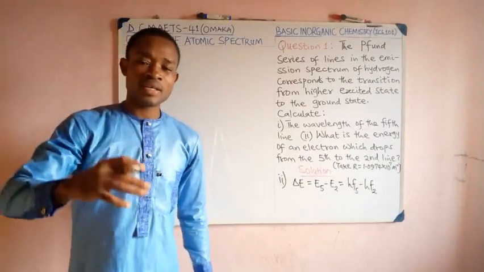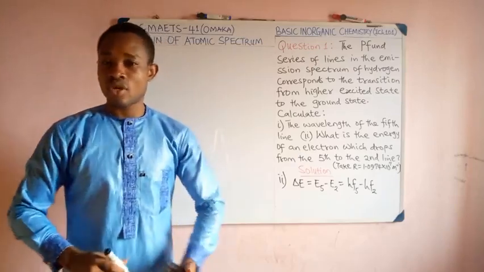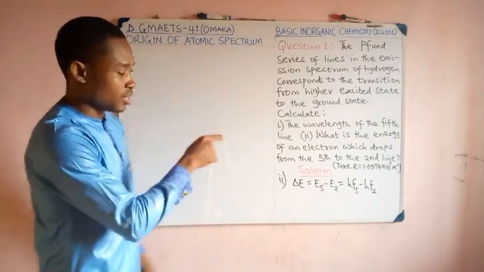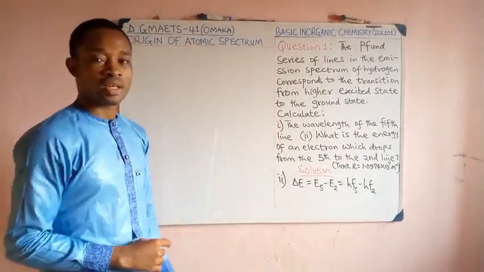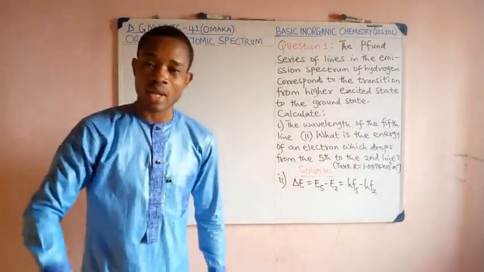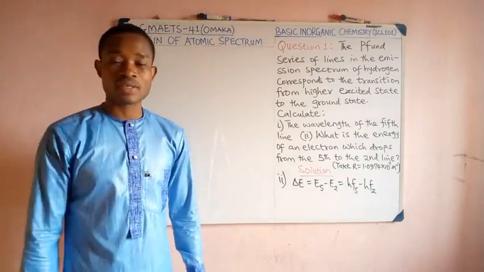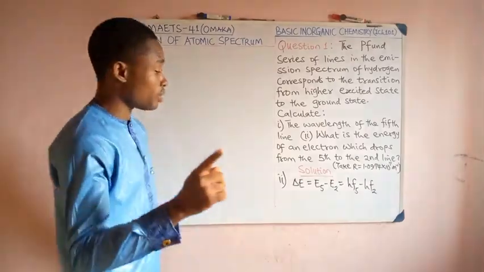That En is the energy level of the higher state, then E0 was taken as the energy level of the ground state. But in this case, this quantum drop is between the 5th and 2nd line, and that's why we have to take into account the frequencies of these two lines. h there is the Planck's constant, of course, 6.6 times 10 raised to the power minus 34 joule seconds. So it's a constant, we don't have problems with that.